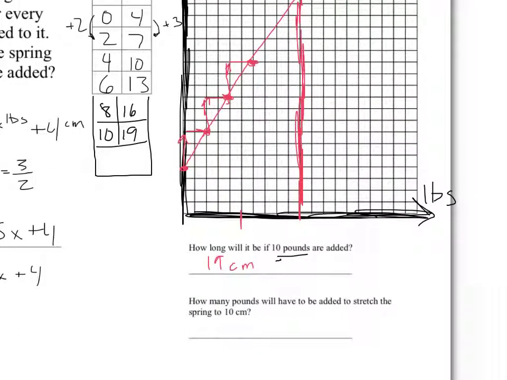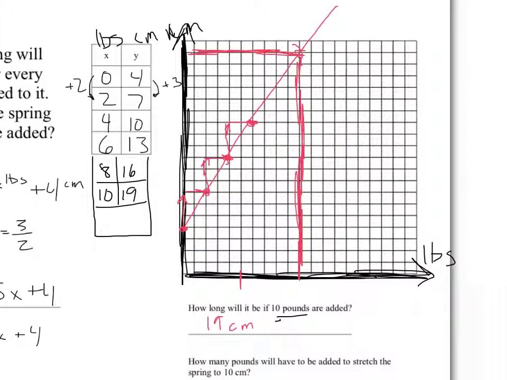Next one says, how many pounds will I have to add if I stretch the centimeter or the spring 10 centimeters? So here, if I'm paying attention to my units, I need 10 centimeters, which means I'm on my y-axis. However, we probably didn't really need to use the graph to do this one because we actually see that point over here when the y is 10 centimeters.